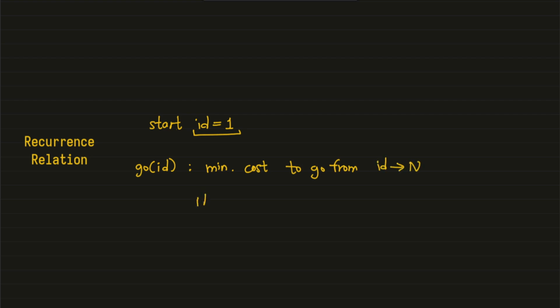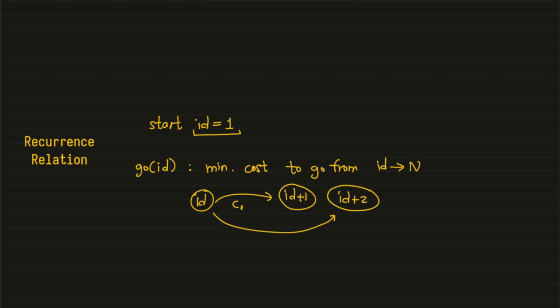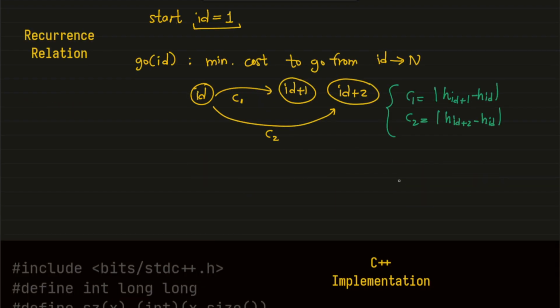And as we saw from id, we had two choices, id plus 1 with some cost c1 or id plus 2 with some cost c2, where c1 was the absolute value of the heights difference, c2 similar. Okay, now the recurrence relation can be deduced as follows.